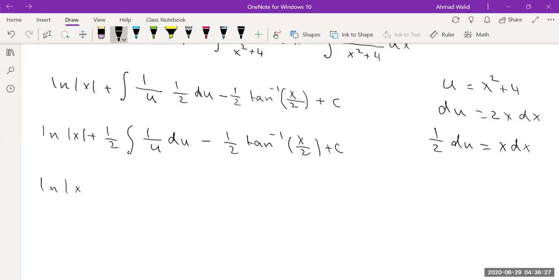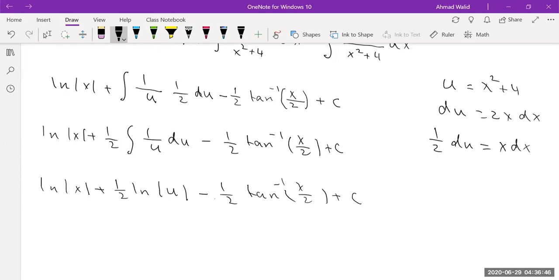Then ln absolute value of x plus 1/2 ln absolute value of u minus 1/2 tan inverse of x over 2 plus c. Now, how much is u?